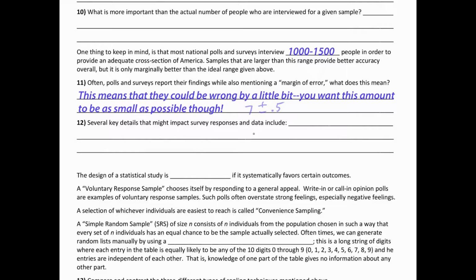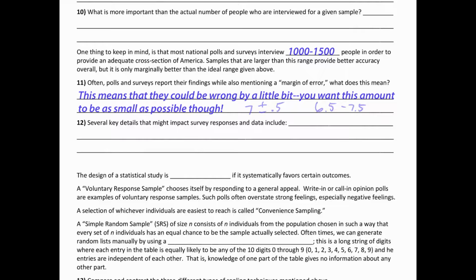And that'll give us a little bit of a cushion, saying that we could be between 6.5 years, because that's what 7 minus 0.5 is, and 7.5 years. So that would be 6.5 to 7.5 is our cushion that we should expect. Now that margin of error, half a year, is pretty big. That would not be a good margin of error, and we'll talk about that later on.